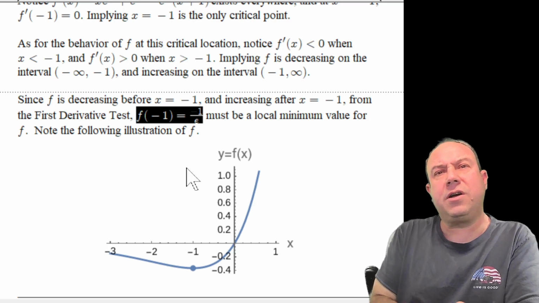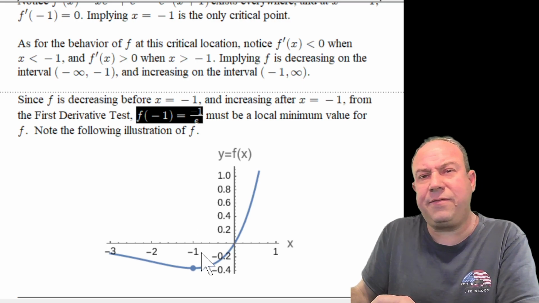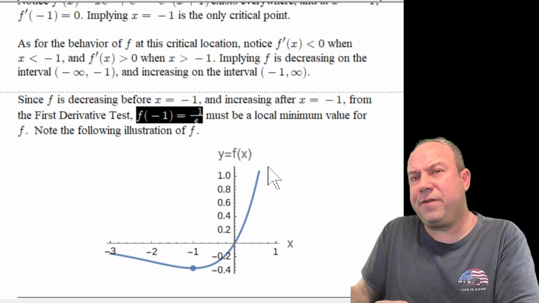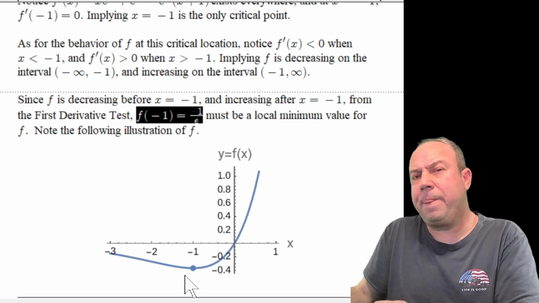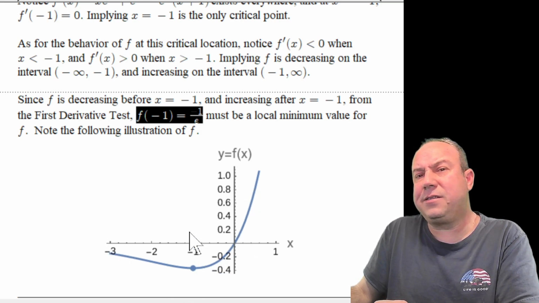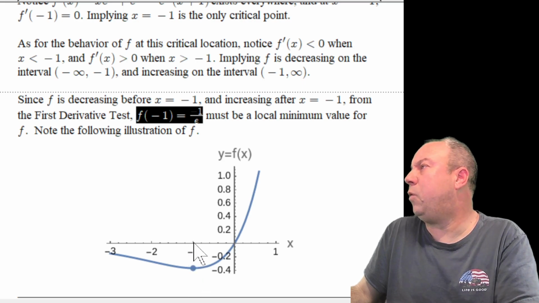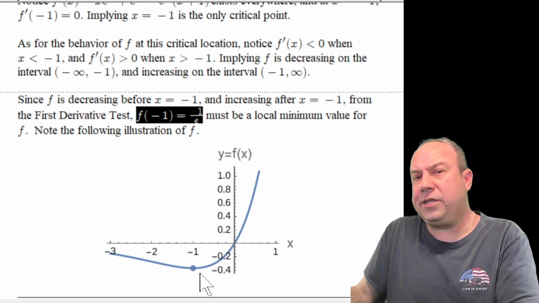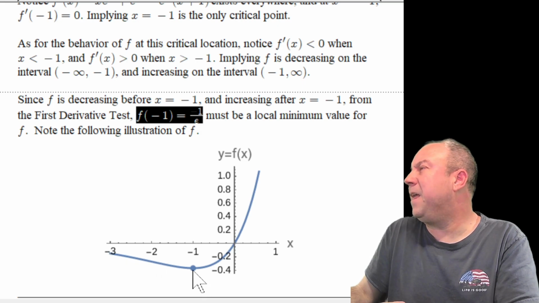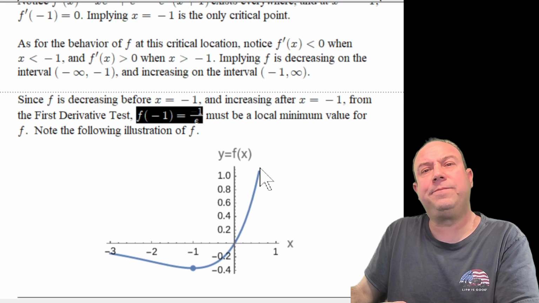And if we focus our attention on that location in our graph, this is the graph of the function x e to the x. We do see that at this location where x equals negative 1, we are decreasing before that location and increasing after it.